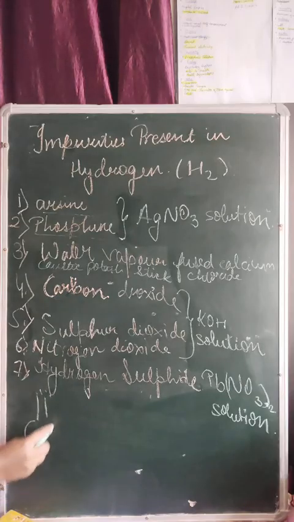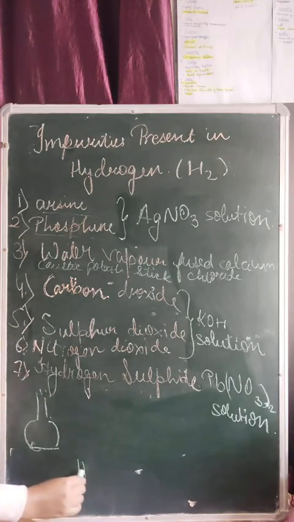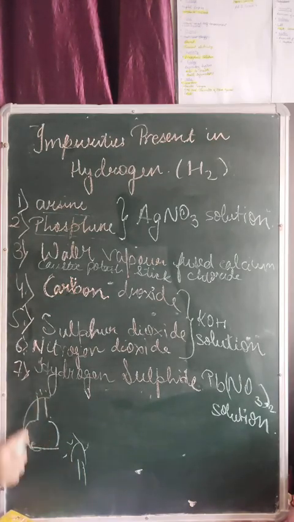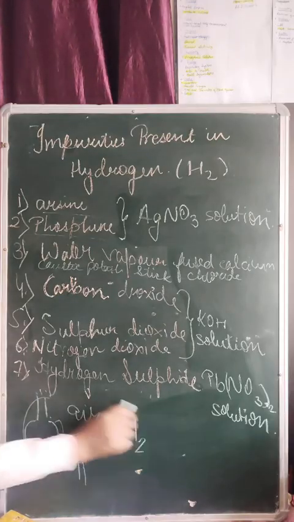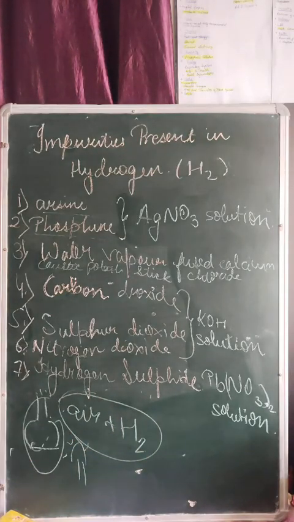Suppose this is the glass apparatus and the flame is there. Due to this flame, the apparatus will break, will crack. Then the hydrogen gas should be collected only after the air from the apparatus has escaped, because air and hydrogen form a violent reaction. So hydrogen must be collected only when all the air is out of the apparatus.